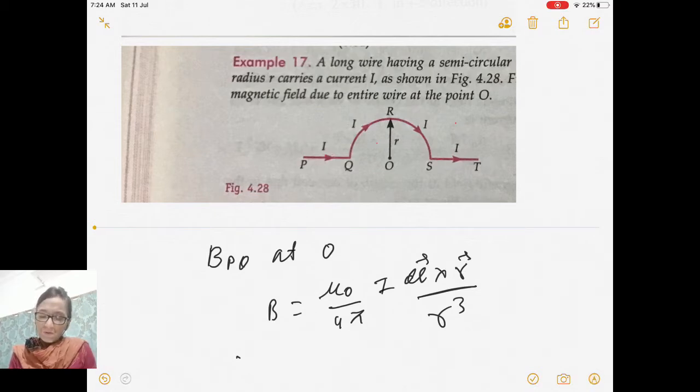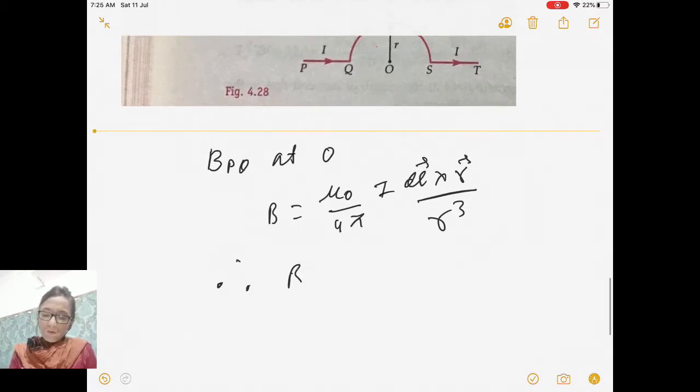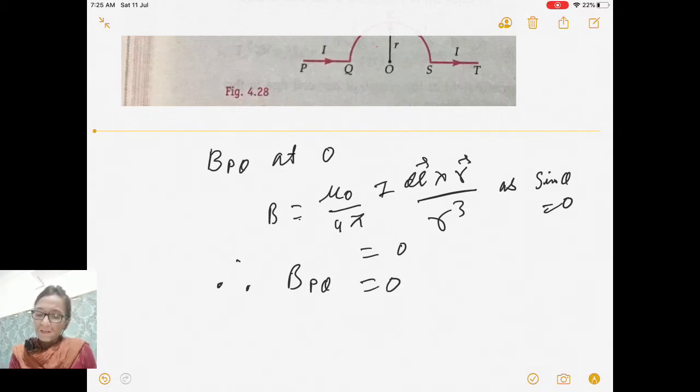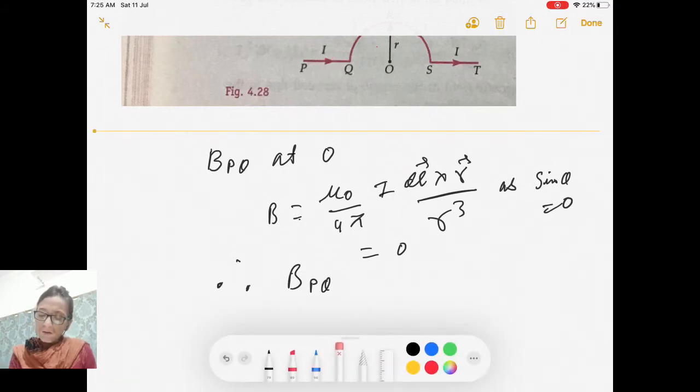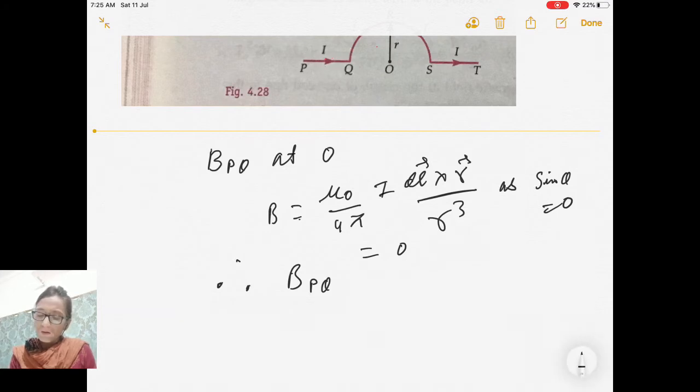Therefore B of PQ, with sine theta equal to 0, becomes equal to 0. Therefore BPQ at point O is equal to 0.